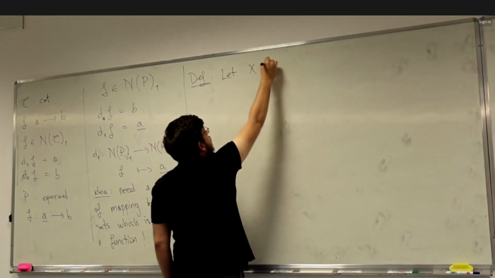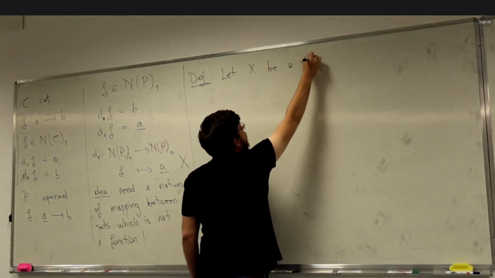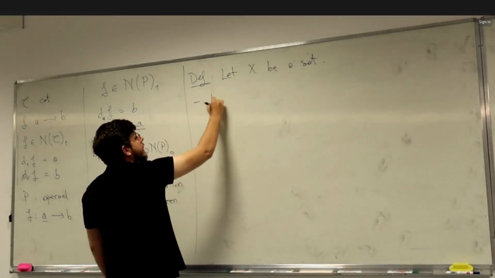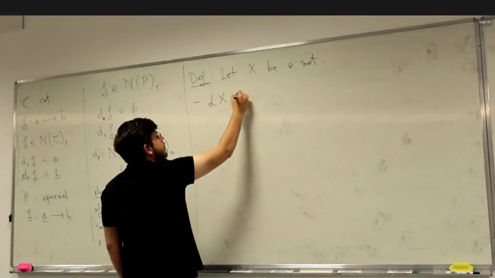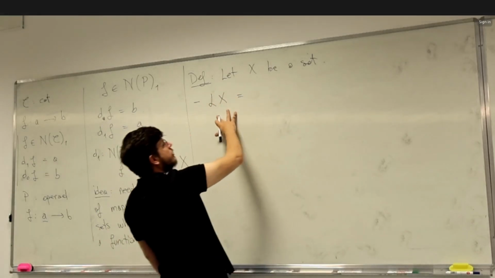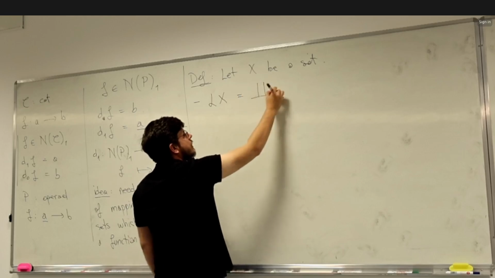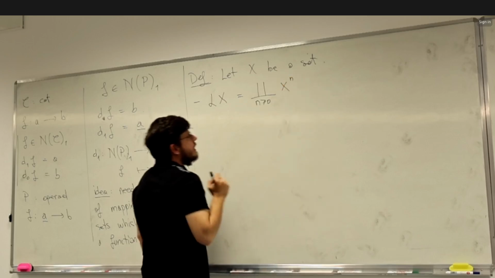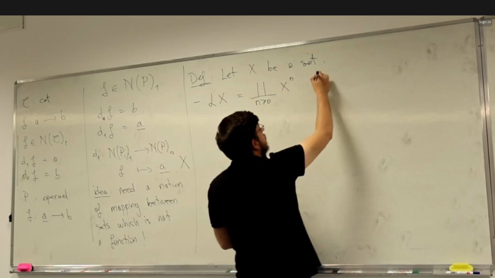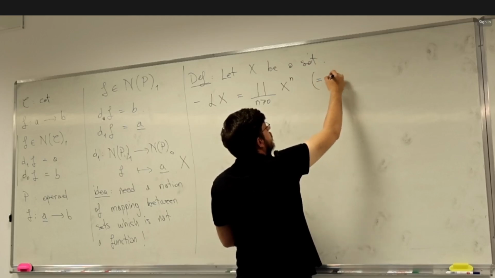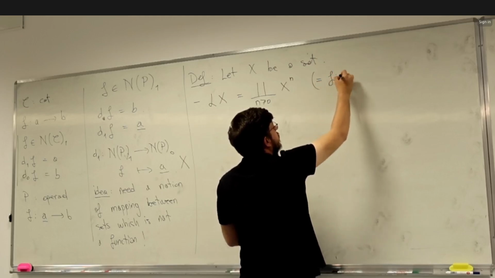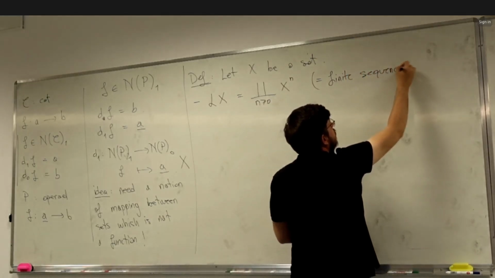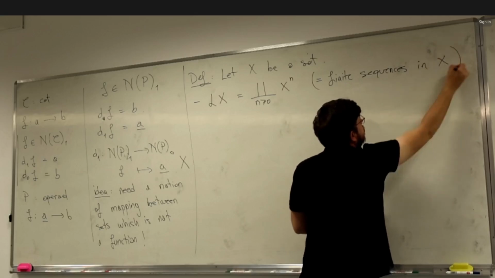Let X be a set. By LX, I will denote the free monoid on X, which is just the disjoint union of the X^n, and this can be thought of as the set of finite sequences in X.